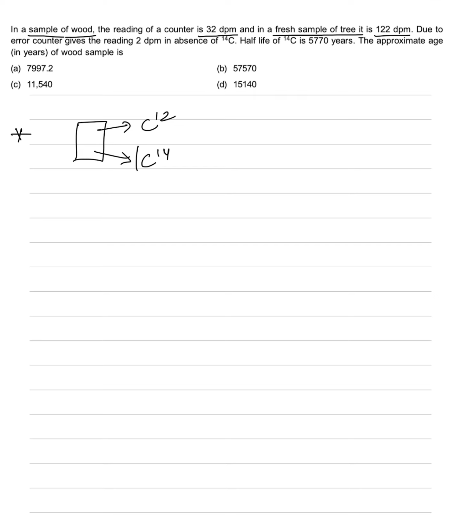This C14 starts decaying, it starts showing the activity, and this C14 converts into nitrogen through beta decay. That means it releases a beta particle and it gets converted into a nitrogen atom. So this is how the C14 shows the beta decay, and this is how it converts into nitrogen.